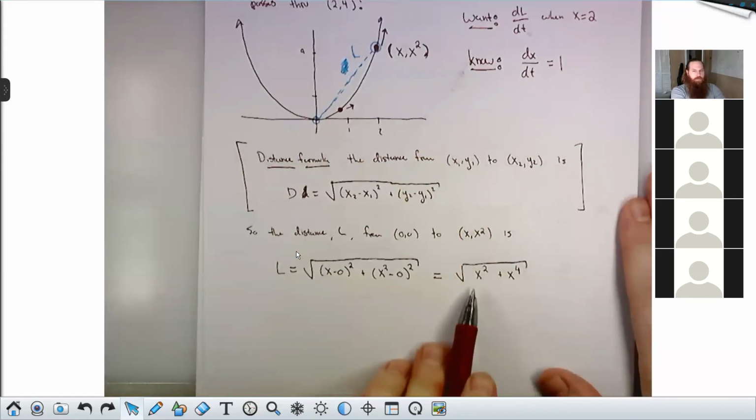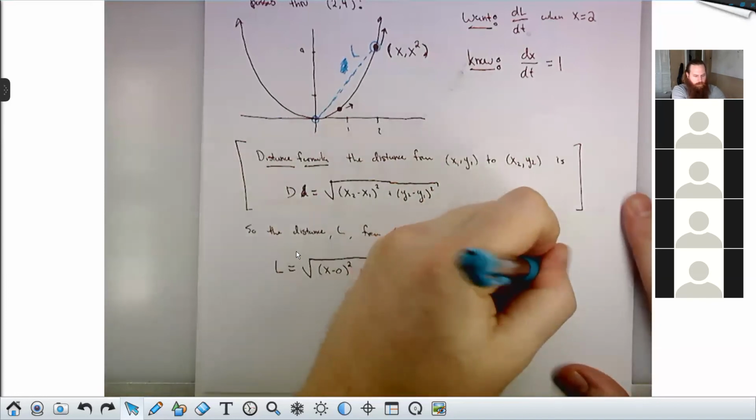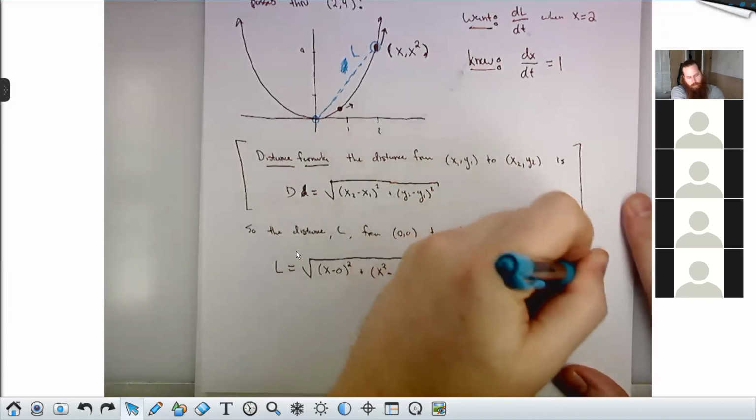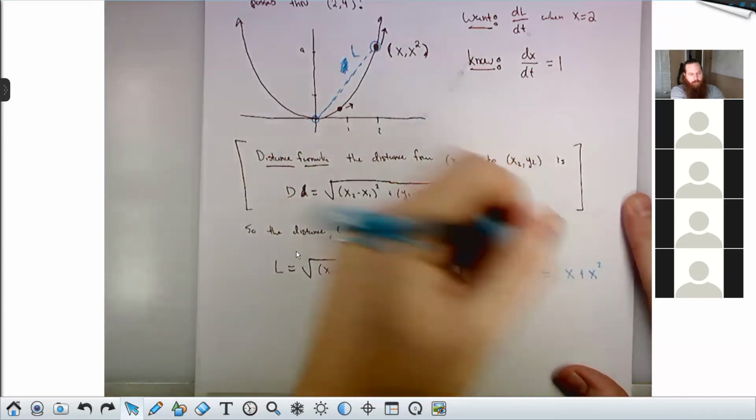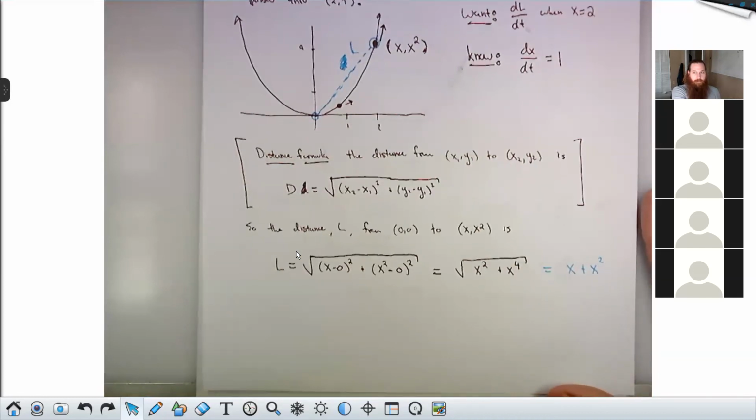Is this the same thing as x plus x squared? The square root of x squared plus x to the 4? Nope. It's not.